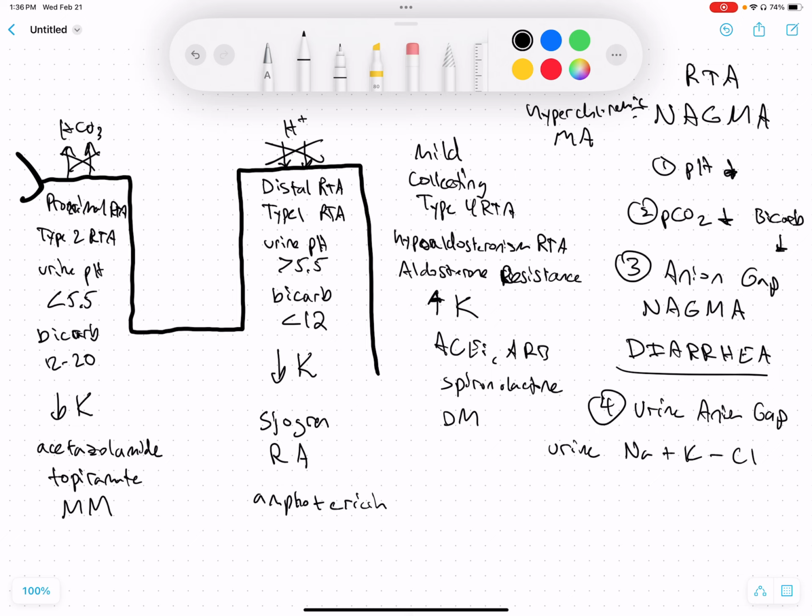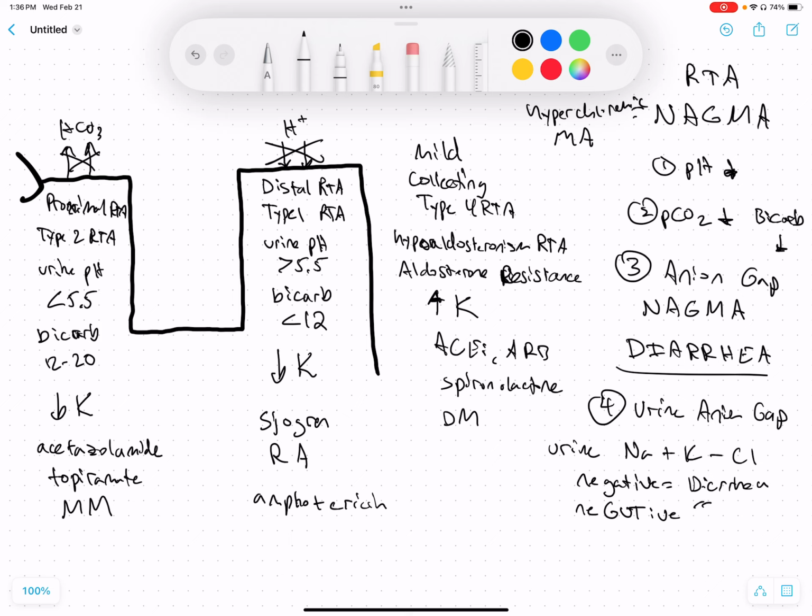If this non-anion gap metabolic acidosis is from diarrhea, this urine anion gap is going to be negative. So negative equals diarrhea. And the little catchy way to remember that is gut negative, that's equal to diarrhea.